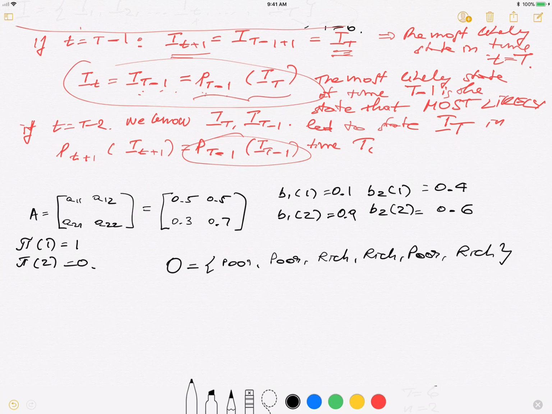Obviously I need to use indices 1 and 2 because these probabilities B are in terms of indices 1 and 2.